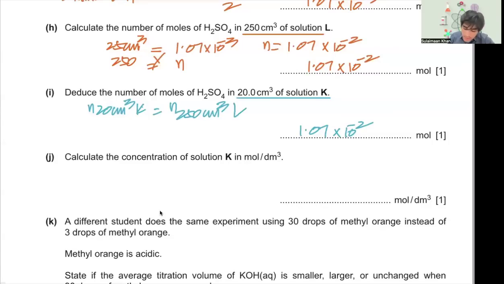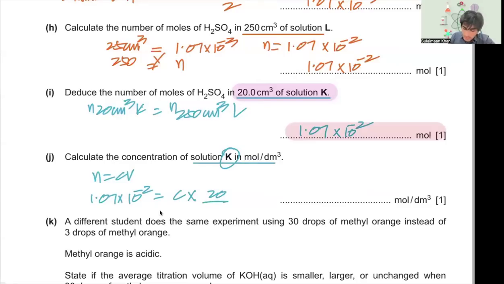Now calculate the concentration of solution K. For K, these are the moles for K. And what's the volume for K? Take the correct, appropriate volume. So you have the moles of K and the volume of K. So n equals CV. You have the moles, which is 1.07 into 10 to the power minus 2, and you need to find C. What is V? 20 over 1,000. Why?